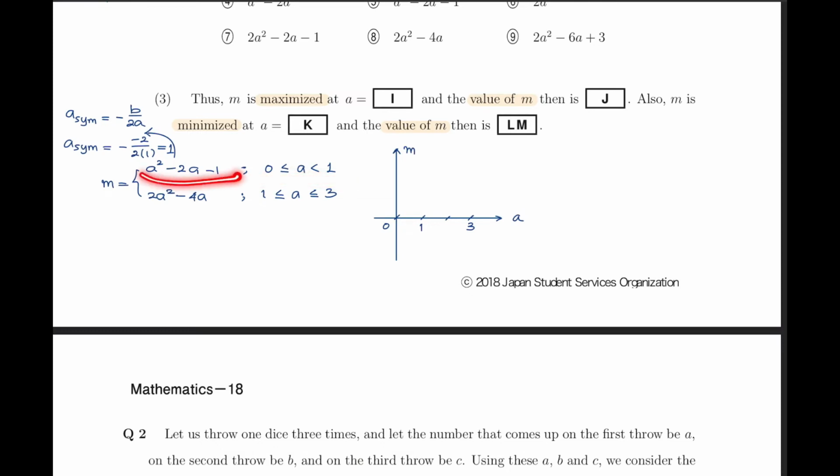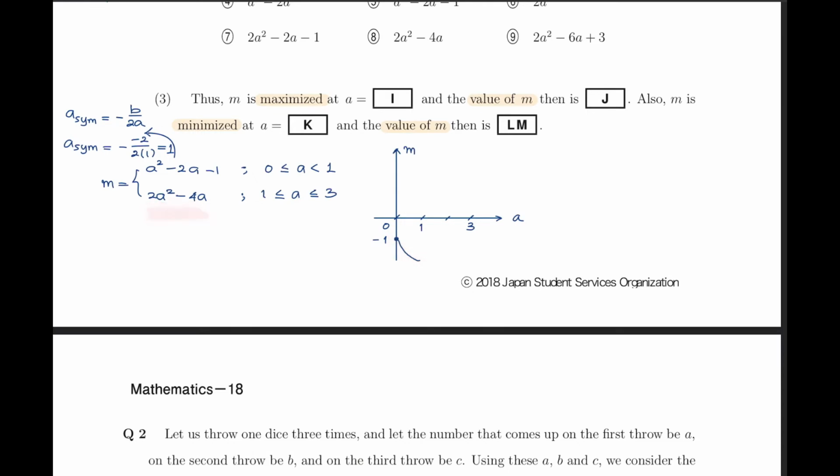So if I want to sketch this, I will just substitute a equals 0. When a equals 0, you will get m equals negative 1. And then the graph will go down like this. Since it is a quadratic equation, the shape of the graph will be parabolic. So the graph will go down something like this.